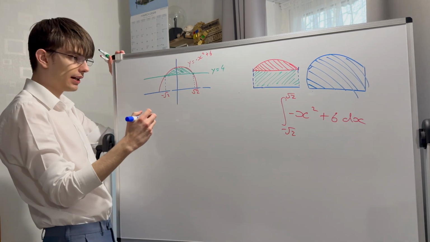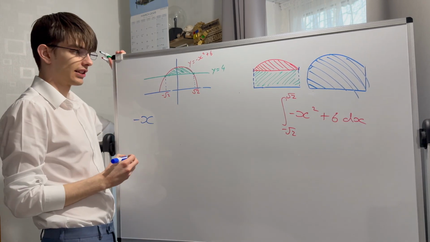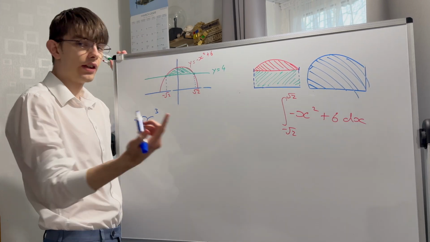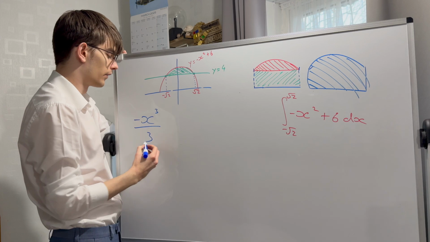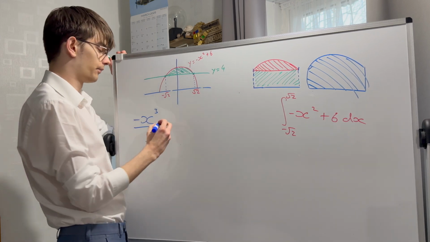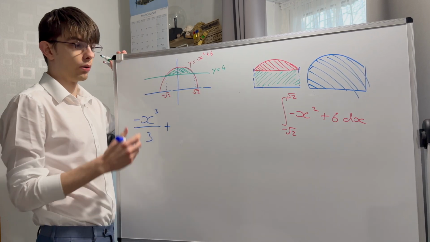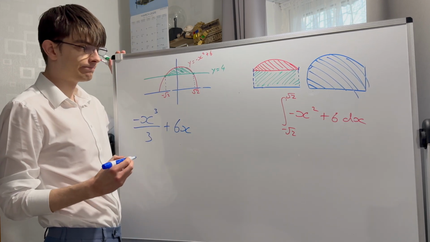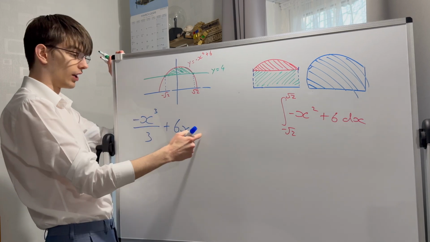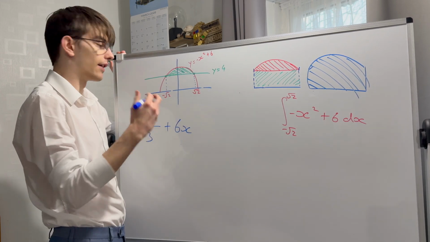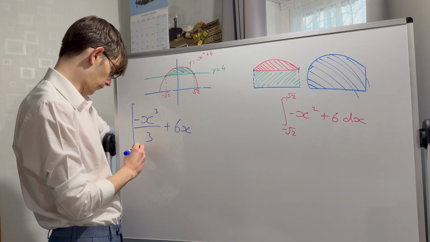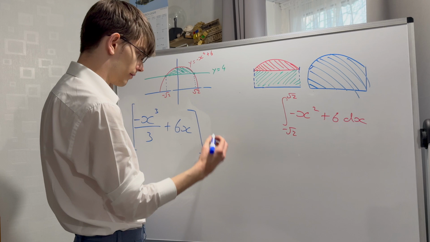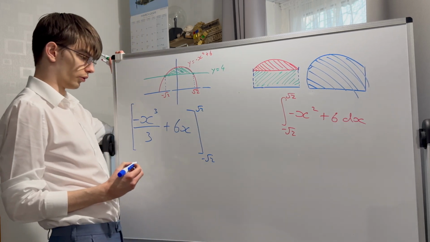Minus x squared, minus x will stay. Let's add 1 to the power, so the power becomes 3. Then divide everything by that new power. So minus x cubed over 3, plus 6 will become 6x. And I don't need a plus c because it is a definite integral. So I can stick my brackets around that and throw in minus root 2 and root 2.